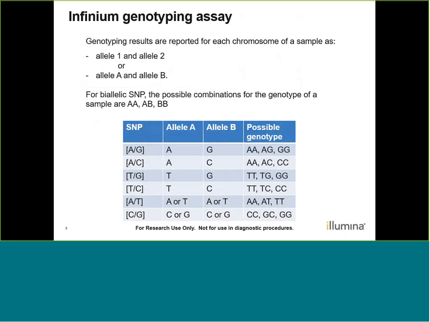Comparing to the possible genotype results, they are reported for each chromosome of a sample as either allele 1 and allele 2, or the terminology we'll use, allele A and allele B. So for biallelic SNPs, the possible combinations are AA, AB, and BB. If we look at these possibilities for the actual genotype, for an A/G SNP, the possibilities are AA, AG, and GG. And remember, this is for a sample, so this is the 2 chromosomes.